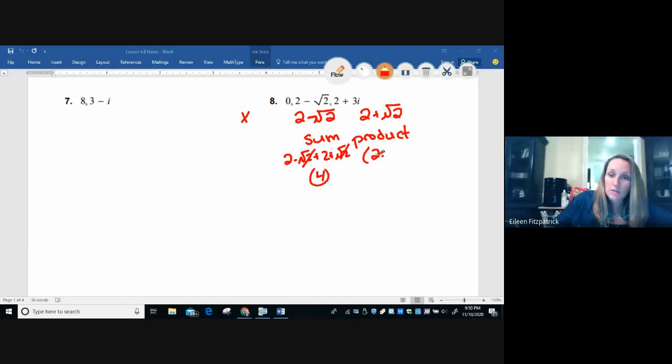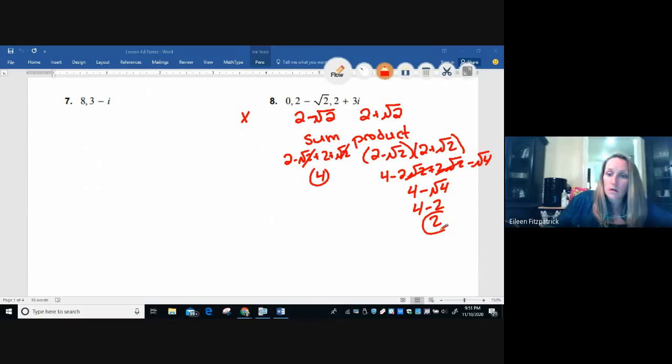The product, 2 minus root 2 times 2 plus root 2, you're going to have 4 minus 2 root 2 plus 2 root 2 minus root 4, the middles cancel, so 4 minus square root 4, 4 minus 2, which is a 2.